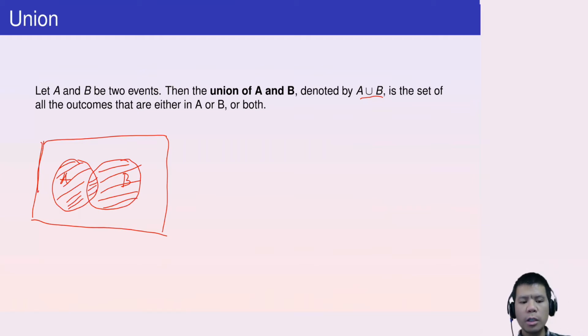This shaded area, either in A or B or both, is called the union of A and B. Now here is the special case: A union B, either in A or B or both.